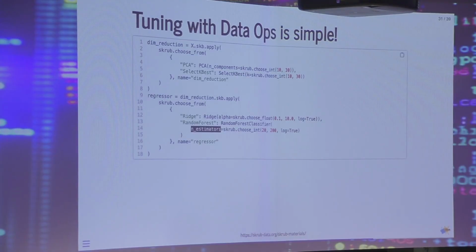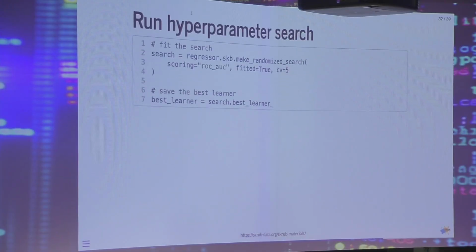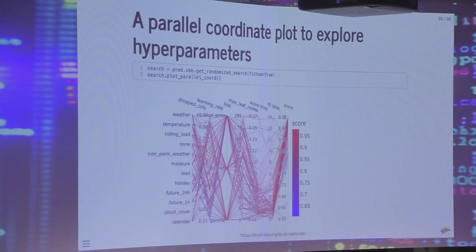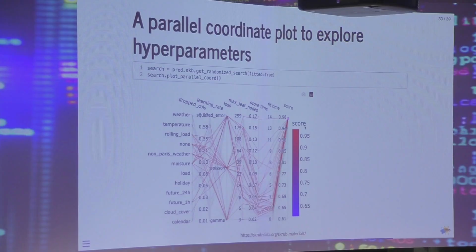And then once you have the full grid, you can run a hyperparameter search with a randomized search. Then you save the best learner without having to do the hyperparameter tuning again. And then you get this very scary looking parallel coordinate plot, which is interactive and is actually helping you figure out what are the hyperparameters that you might want to look at. So you see that you can actually move around and select different things, and it's very useful for inspecting the results.